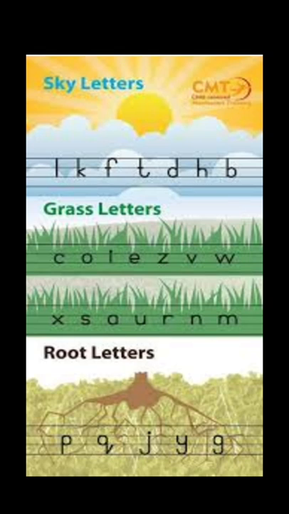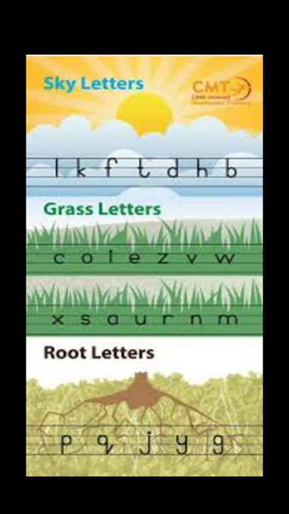Earlier 3, as I told you, sky letters are those who can come in first 3 lines. So these are the letters who have come in first 3 lines. Now how many grass letters do we have? 14 grass letters. And what are they?